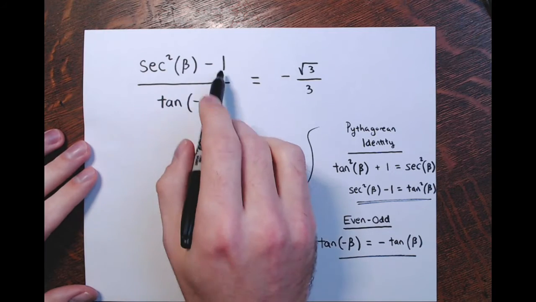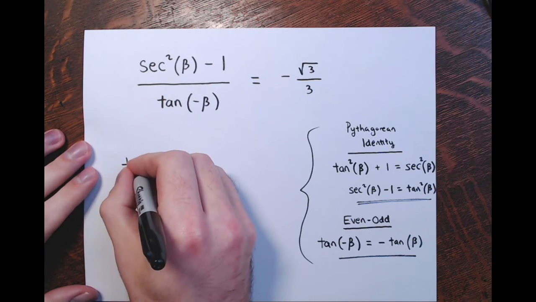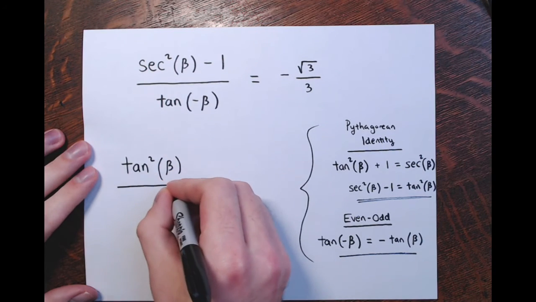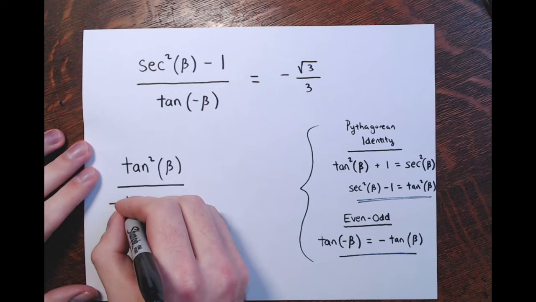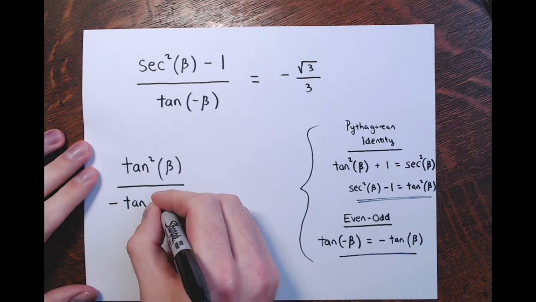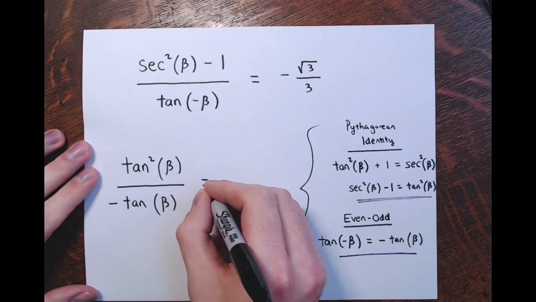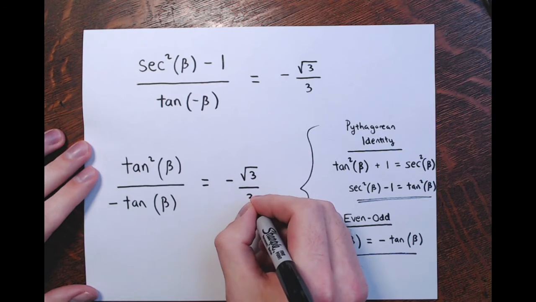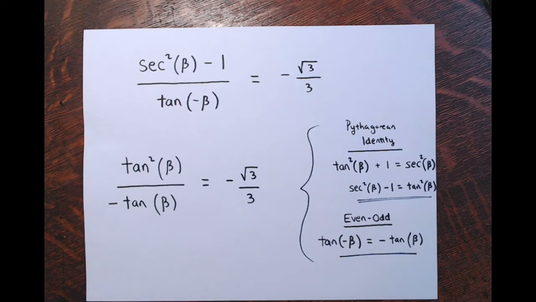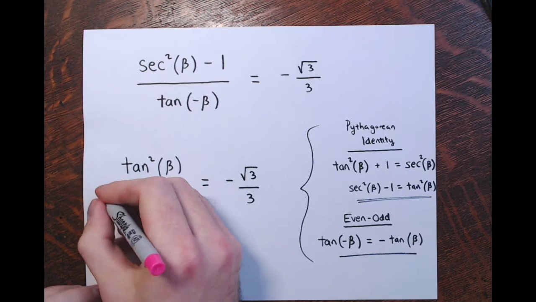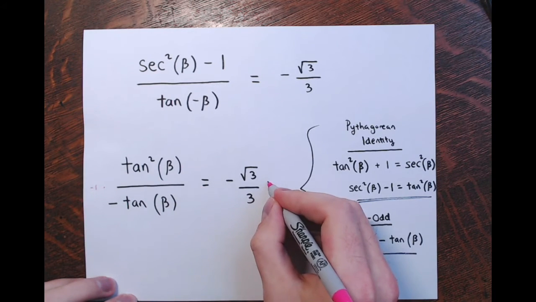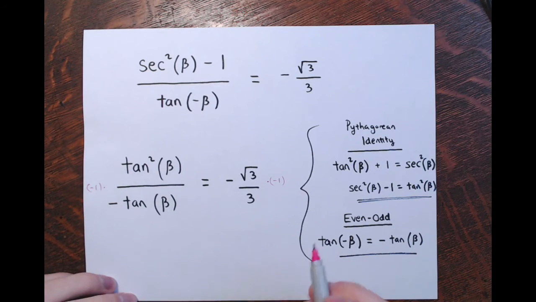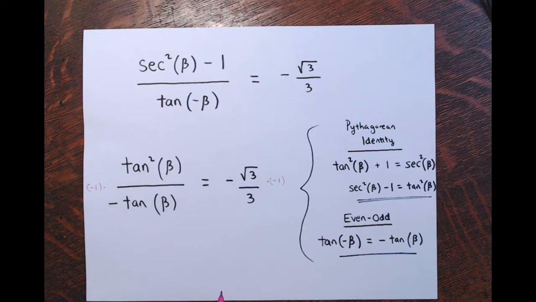Alright, so now this left side becomes this. The numerator is now tangent squared beta. The denominator is now negative tangent beta, using that even-odd identity. And then the right side is just that number still, negative square root of 3 divided by 3. Alright, so some things I'm seeing. We can multiply both sides by negative 1 to get rid of those minus signs, then both sides will have a positive coefficient.